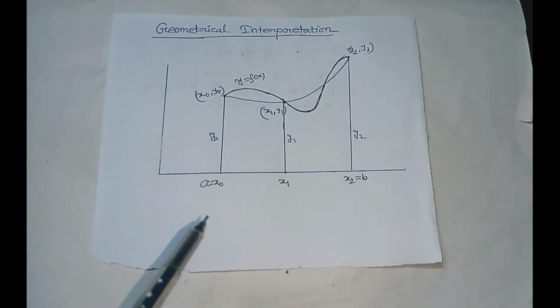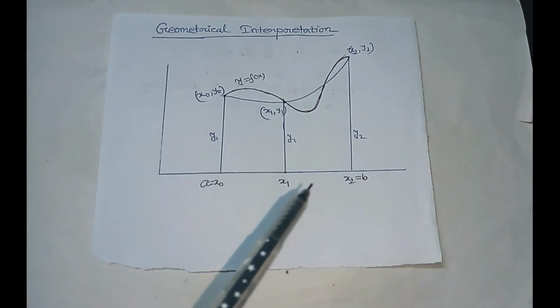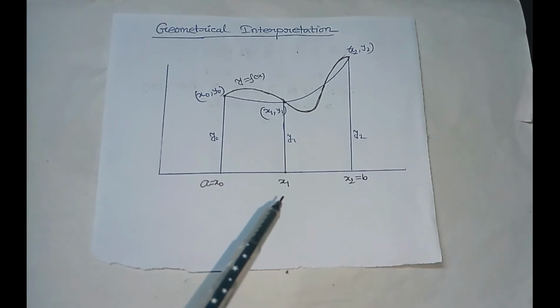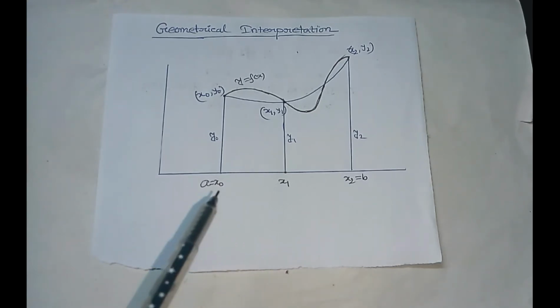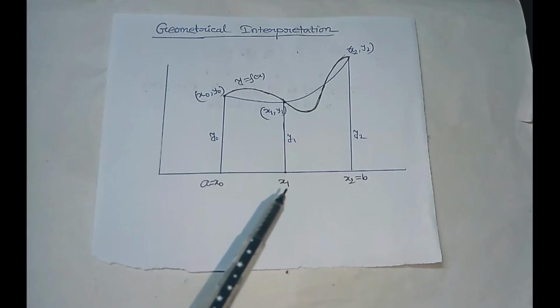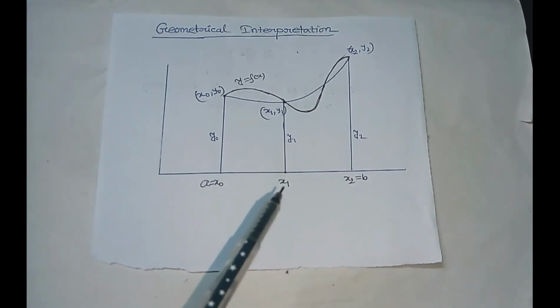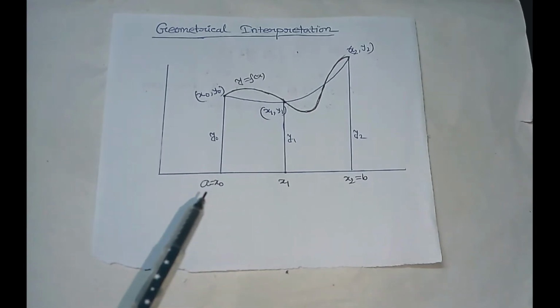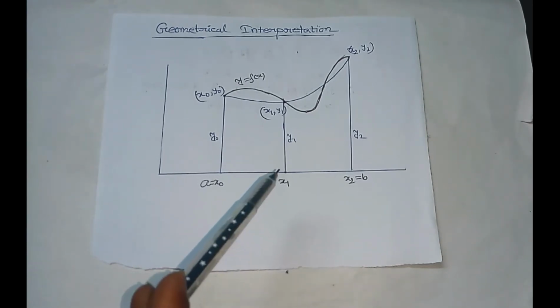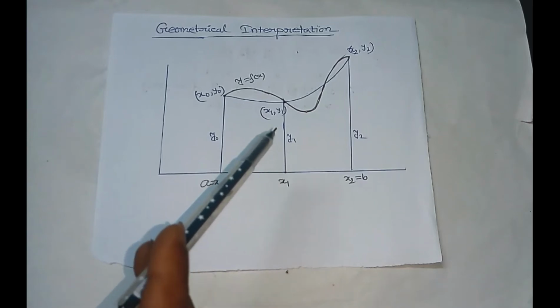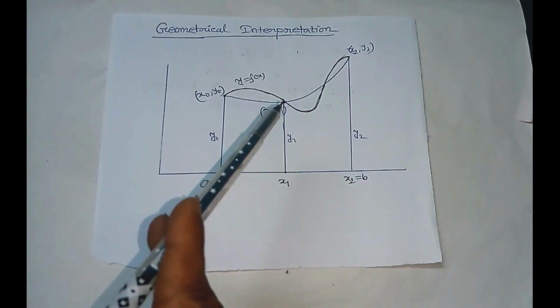Now in Simpson's one-third rule, we take one more intermediate point x1 such that x0 plus h equals x1 and x1 plus h is equal to x2. So x1 is the middle point of A and B. Now suppose this vertical line cuts the graph at this point.